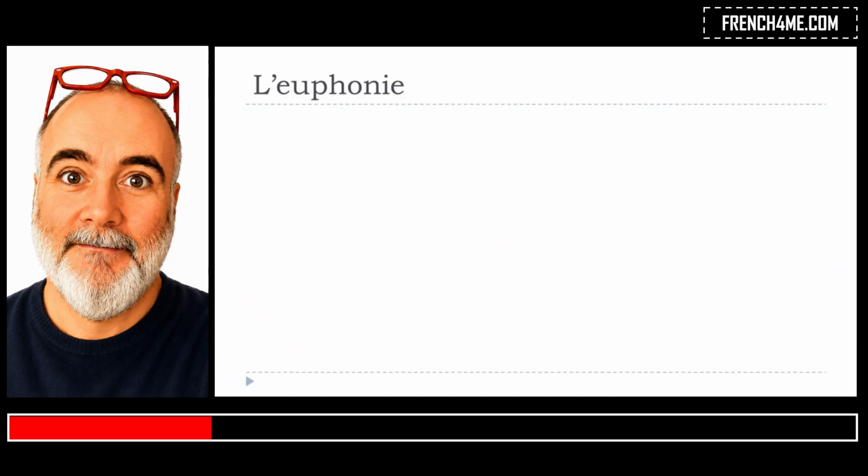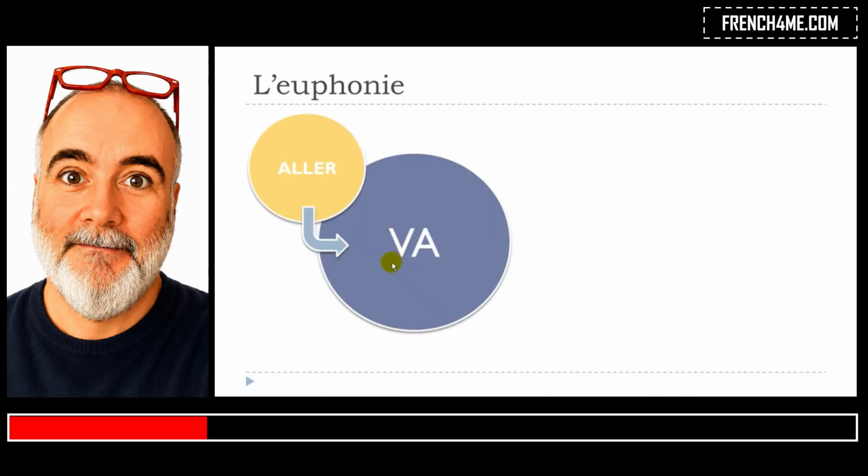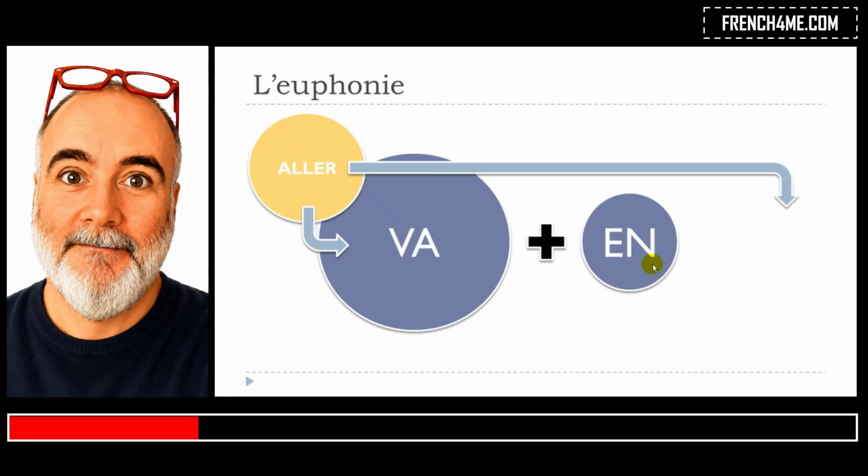So va is tricky because we've got the second example, va, and then if you combine it with the pronoun en, it will become va-t'en. You will keep the normal form, but then you will add this T between the verb and the pronoun.